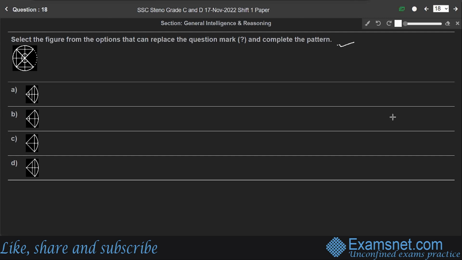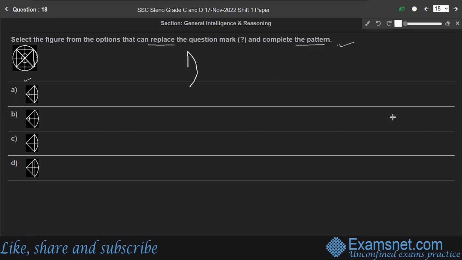Question number 18. Select the figure from the options that can replace the question mark and complete the pattern. Here is the given figure. To complete the pattern, we have to join these dotted lines first. This dotted line pattern looks like this, a curved line. Next, we have to draw a vertical line like this.